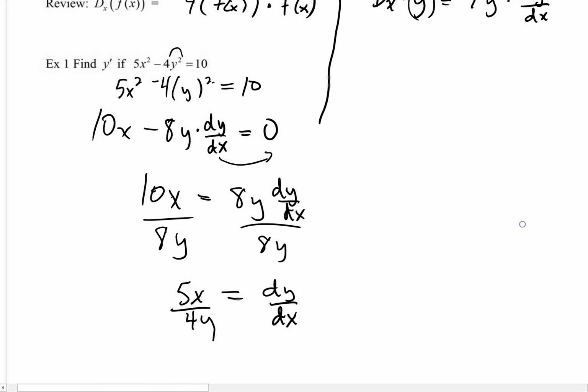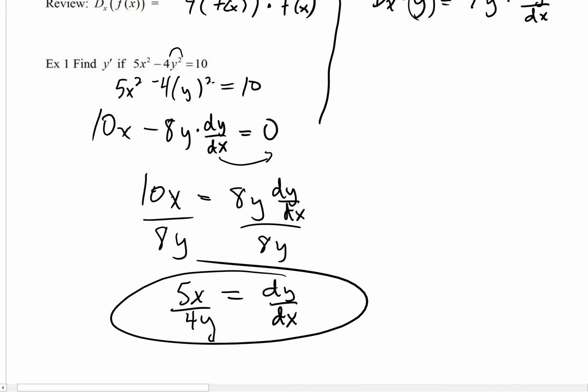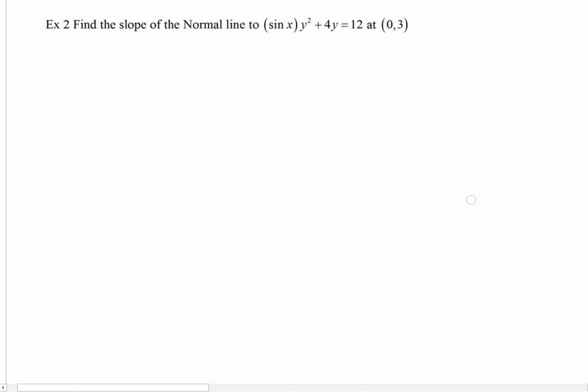I'm going to reduce my fraction here. And there you have it. So in other words, we found the tangent line slope to whatever this curve would look like. Right now, to find the tangent line slope, of course, we would have to substitute in not just the x-coordinate of the point of the ordered pair, but also the y-coordinate. Hope that's making sense. Let's go to the back page here.